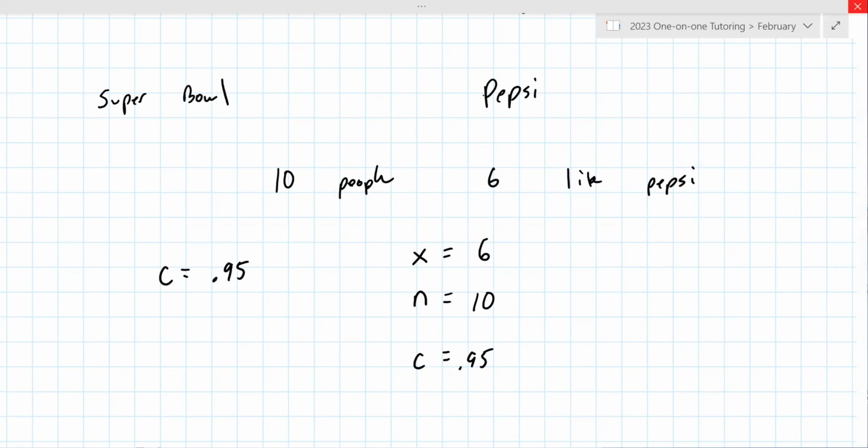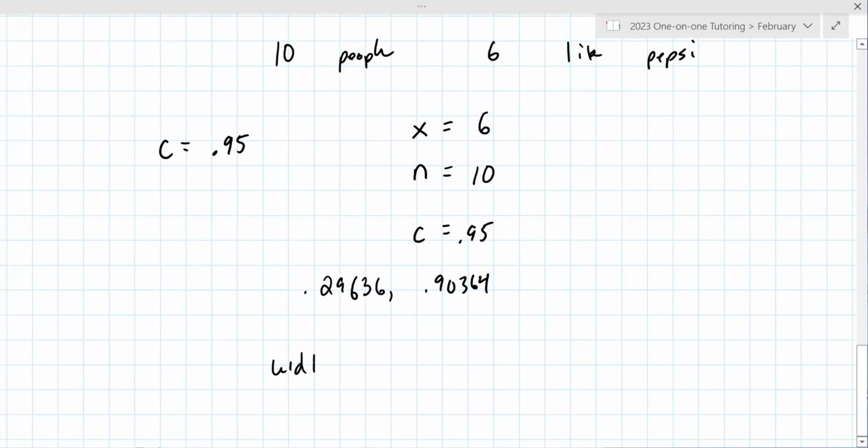Okay, I want you to go calculate the confidence interval for that one. 0.29636 to 0.90364. Okay, and can you calculate the width of the confidence interval as well?